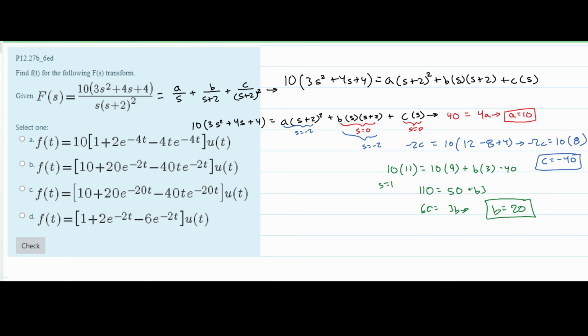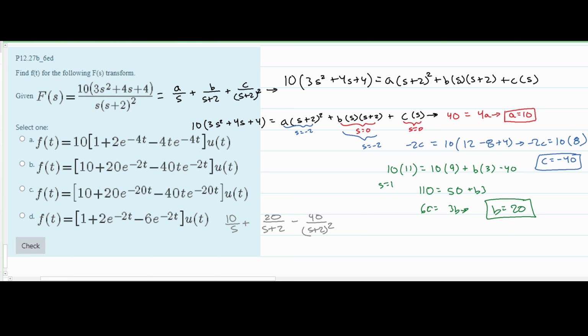So now we can go and plug these back into our original equation. We have a 10 divided by s plus a 20 divided by s plus 2. Then we have a minus 40 divided by (s plus 2) squared.